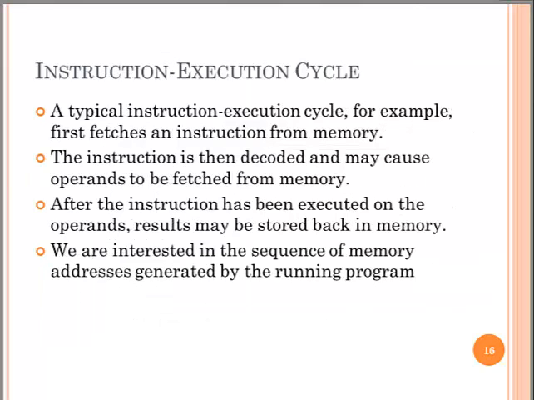But in general, a typical instruction execution cycle, for example, fetches an instruction from memory. The instruction is then decoded and may cause operands to be fetched from memory data. After the instruction has been executed on the operands, results may be stored back in memory. So there's a lot of sequence between the use of memory and then the generation of addresses for these locations in memory that are used.